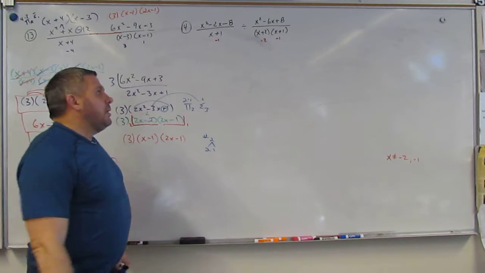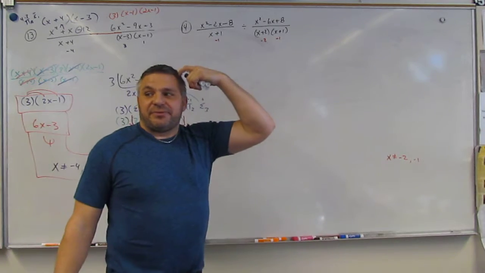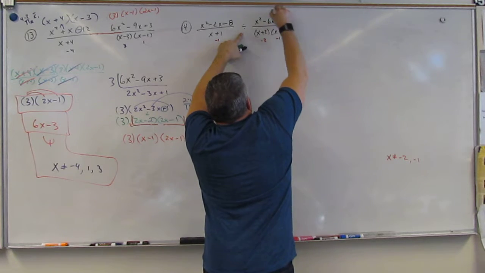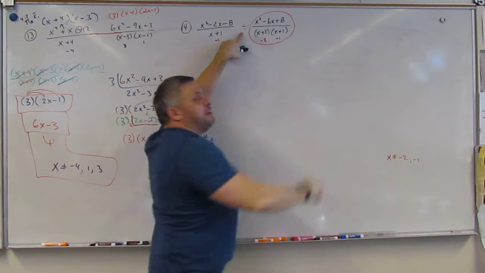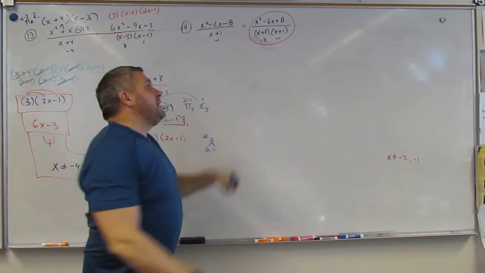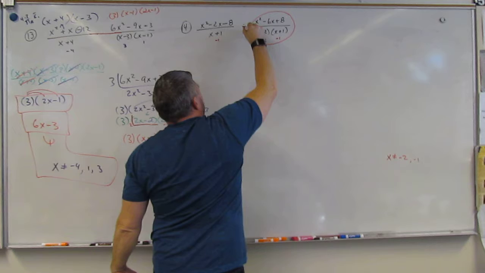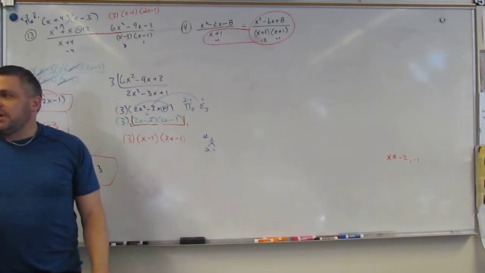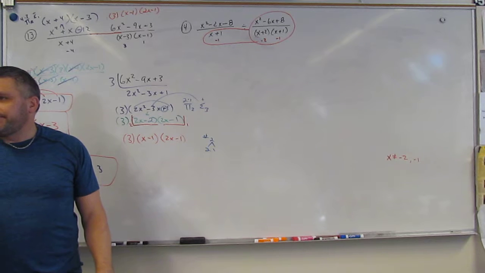But the other thing we have to realize is because this is divided by all of this, none of this can go to 0. So that means whatever that top is, x cannot be 0 also up there. So none of that can go to 0. We have to remember that.